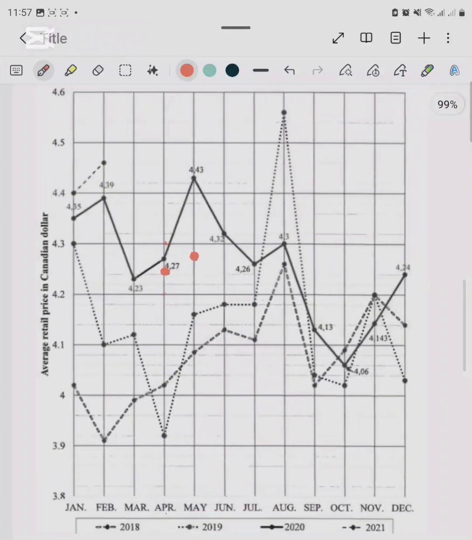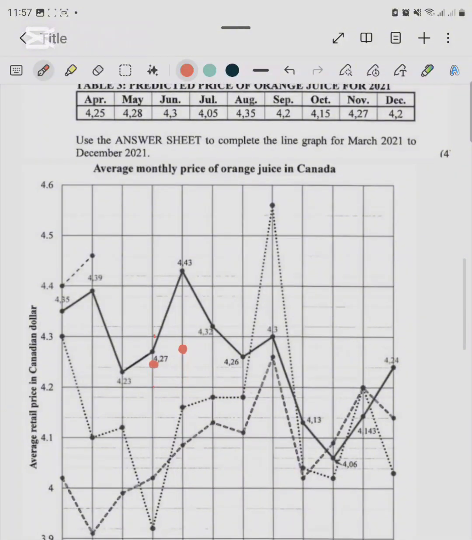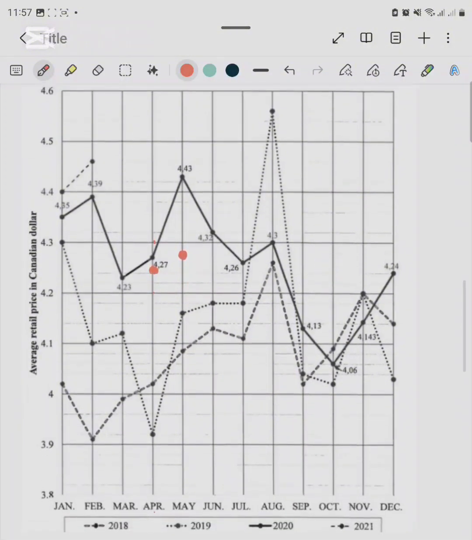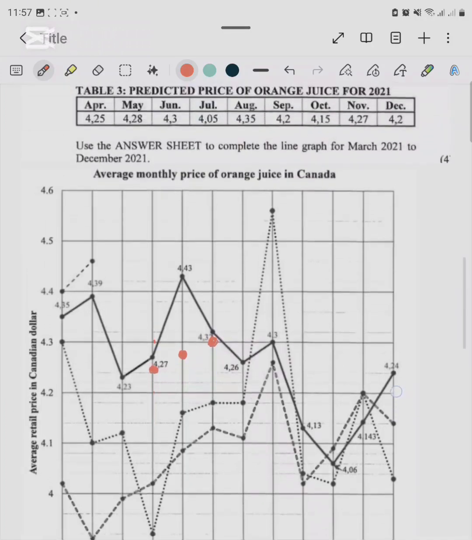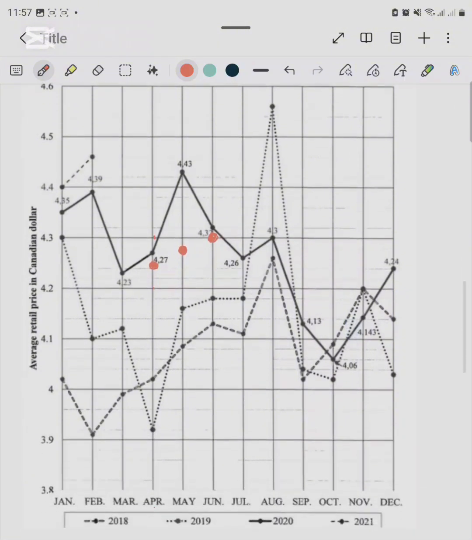Then my next month, according to my table, sorry, not May, June, should be 4,3. Okay, well that one's easy because it's straight on the line, and I'm just reading it there. And you basically just keep going, plotting each of the points all the way across. July 4,05, which is going to be down here.